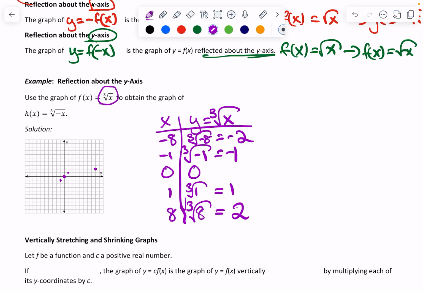So 1, 2, 3, 4, 5, 6, 7, 8, and 2 right here. So it looks something like this. Our f of x equals cube root of x.